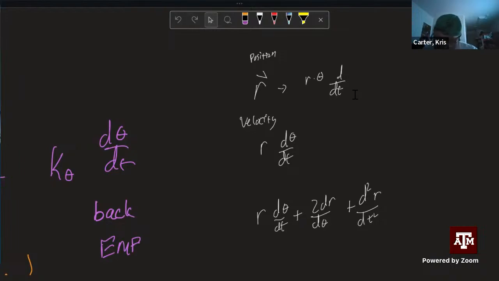Shoot, I forgot how to take that derivative. It's been a hot minute. I had to memorize it, and I've forgotten how to do it.